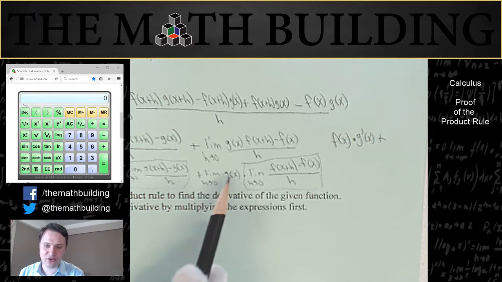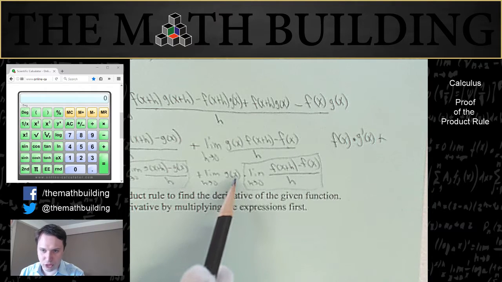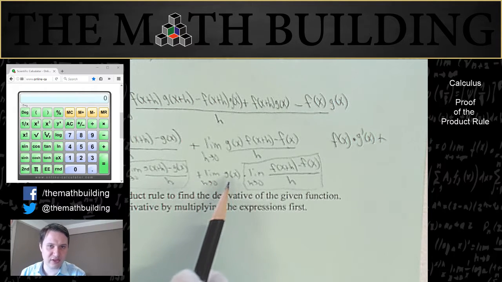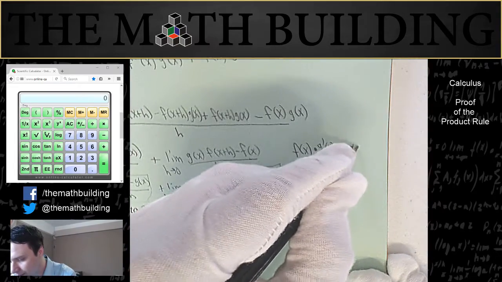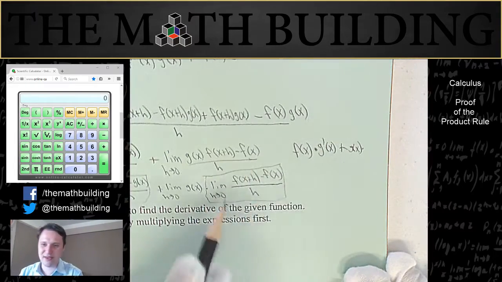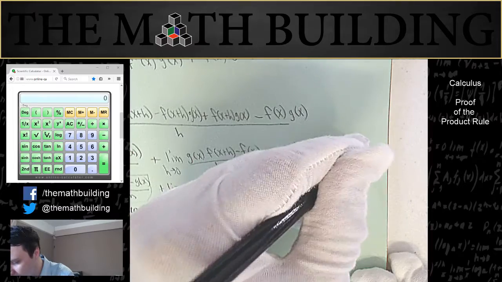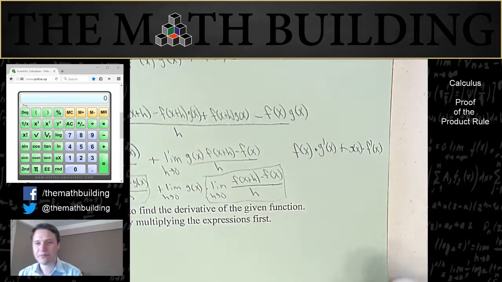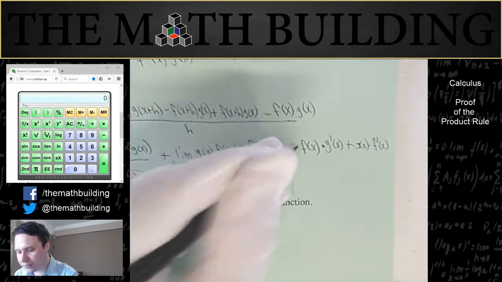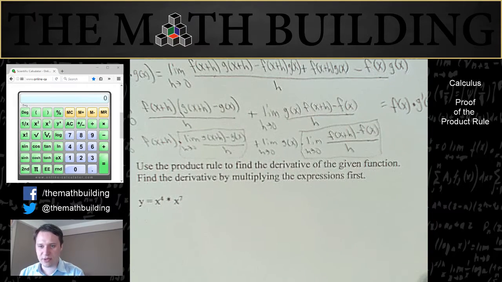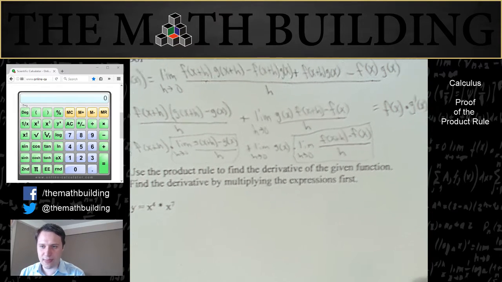Well, there aren't any h's in here that we can see because it's just g of x, so it's kind of like a constant number. It's like the number 10 or something. And so that's just going to be g of x times, and you can see here the definition of the derivative of f. And so there you go. That's how you can demonstrate and prove the product rule.